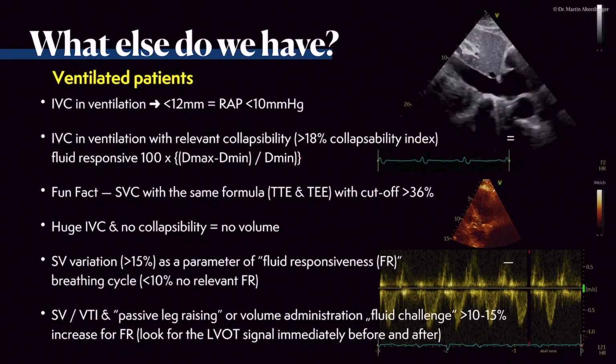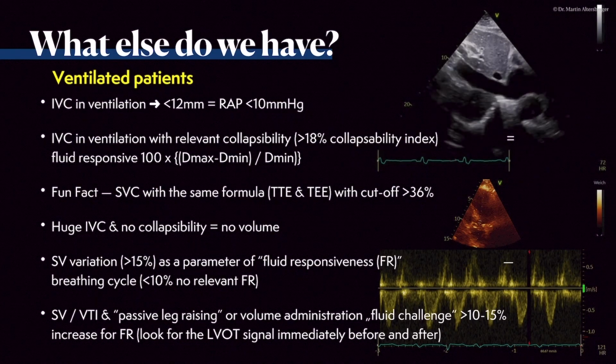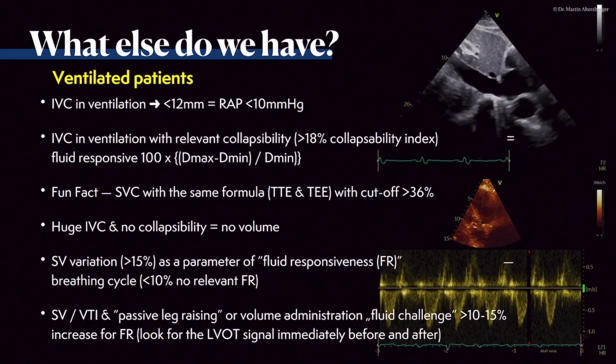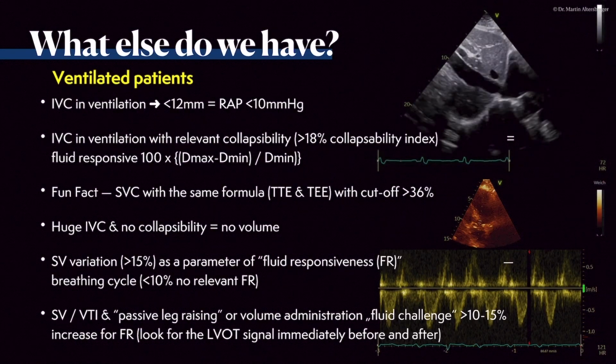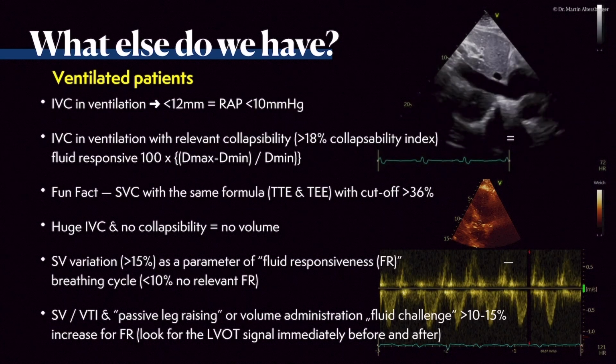If this index is above 18%, fluid responsiveness is most likely. You can also simply check the IVC and see if it is approximately 20% collapsible in an intubated and ventilated patient. Of course, the PEEP shouldn't be too high, but if you see a certain degree of collapsibility, that would point towards a need for volume.